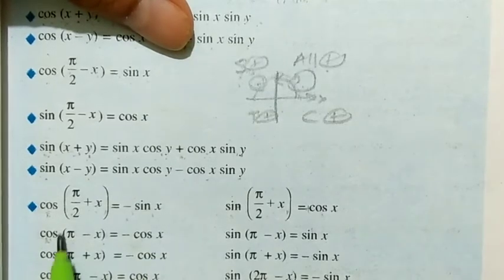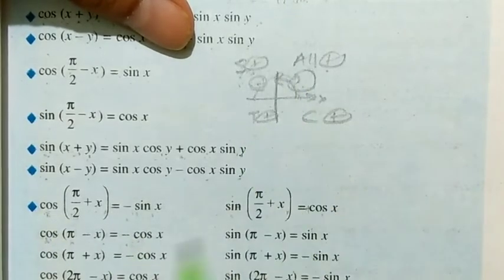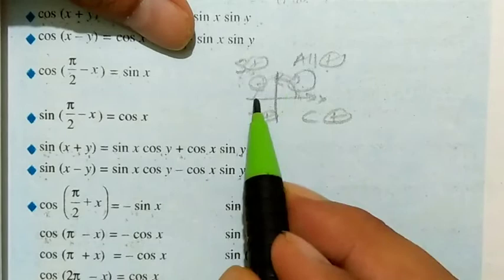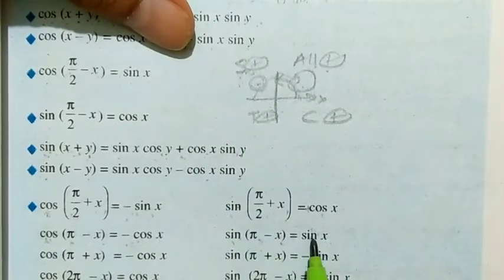If it is pi, 2 pi, 3 pi, a multiple of pi, the name will not change. If it is an odd multiple of pi by 2, like pi by 2, 3 pi by 2, the name changes, and the sign we decide with the quadrants. Sine of pi minus x is equal to sine x. Again the same thing: pi minus x means second quadrant and sine is positive, and the name will not change.